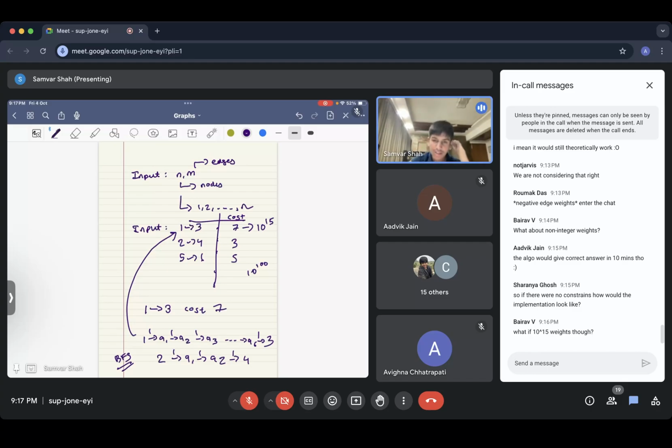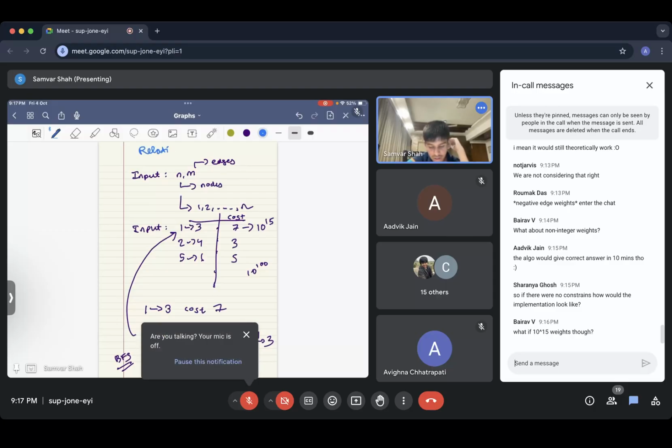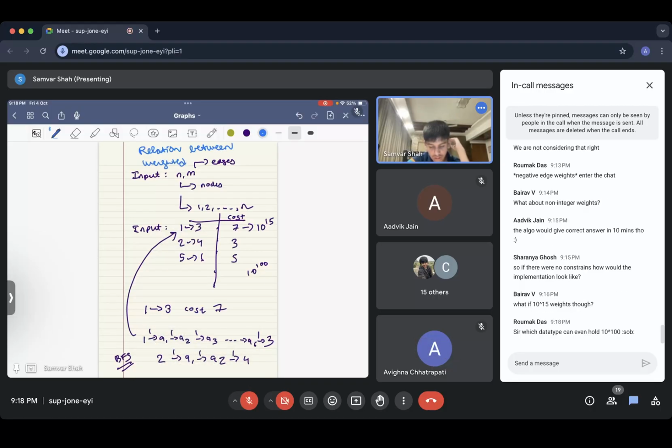And I hope this paints a picture of the relation between weighted and unweighted graphs.